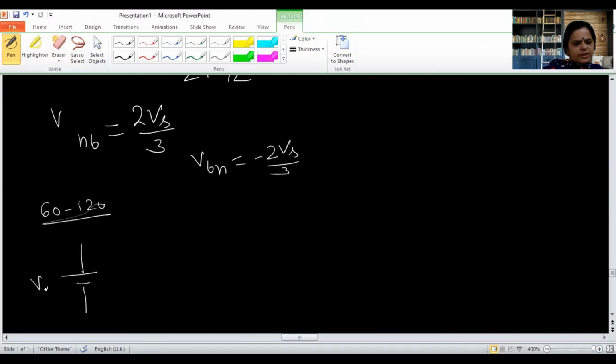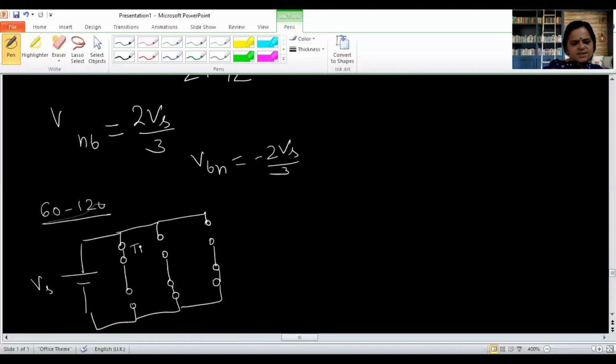This is Vs. Here this will be short circuit, this is open circuit, this is open circuit, this will be short circuit, this will be open circuit and this will be short circuit, because this is T1, this is T3, this is T5, this is T4, this is T6 and this is T2, since in this interval 1, 6 and 2 SCRs are conducting.